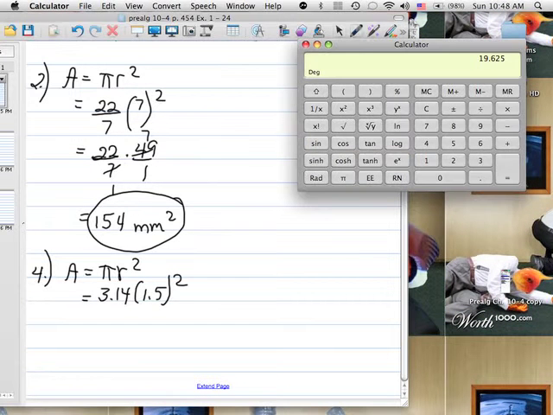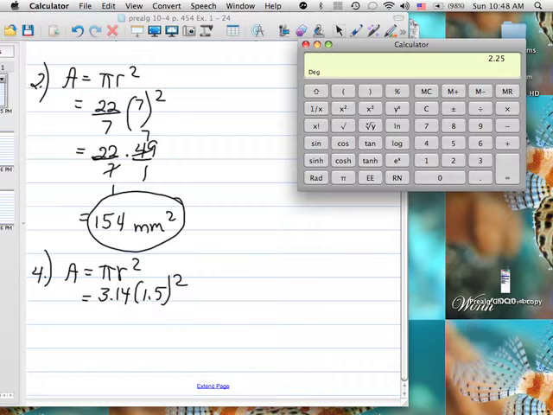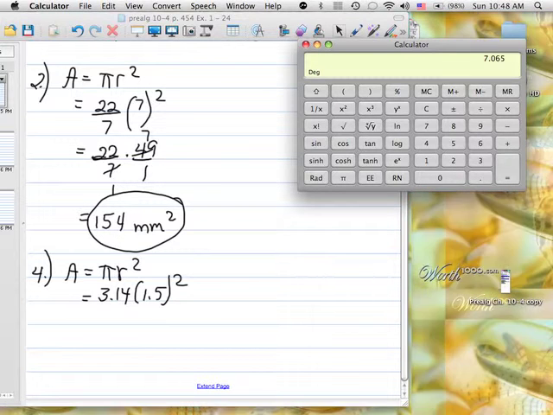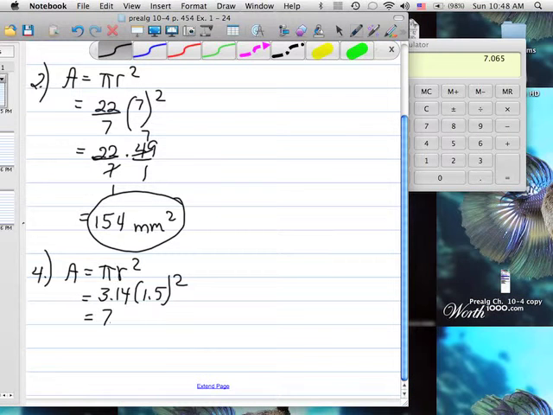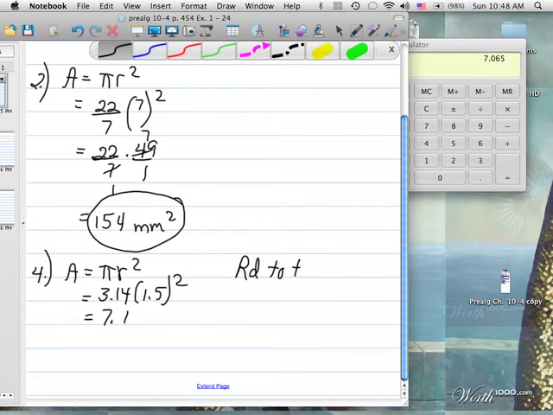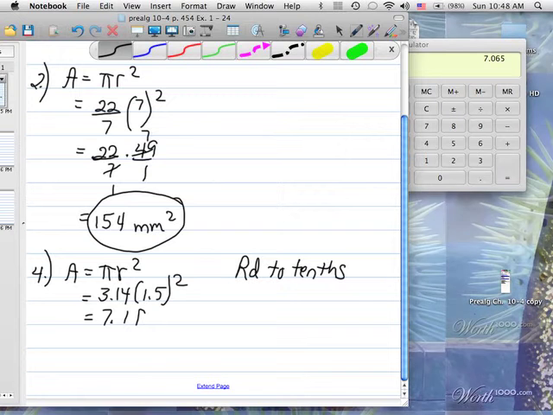So we're going to take 1.5, square it, and times it by 3.14. And we come out with 7.065, and they round it to the nearest tenth, so 7.1. And the unit is feet squared.